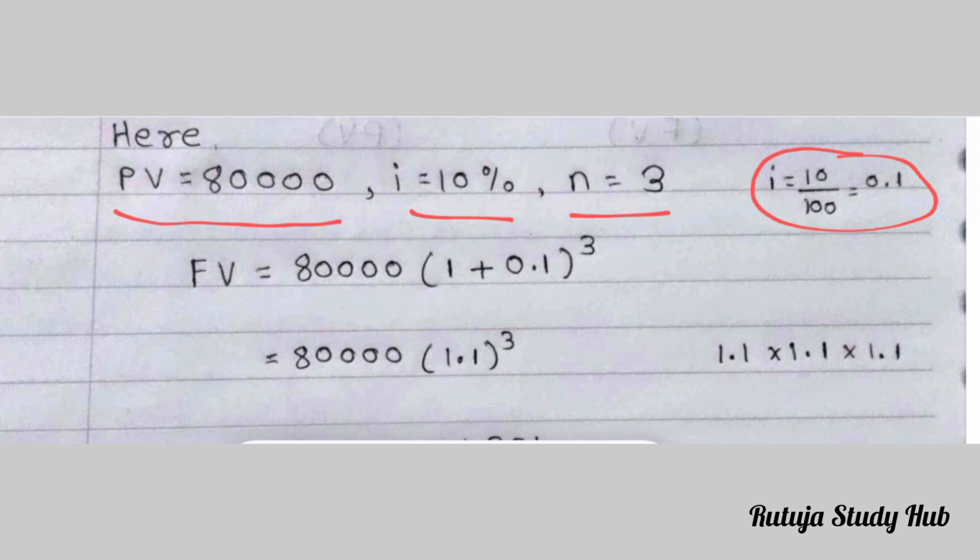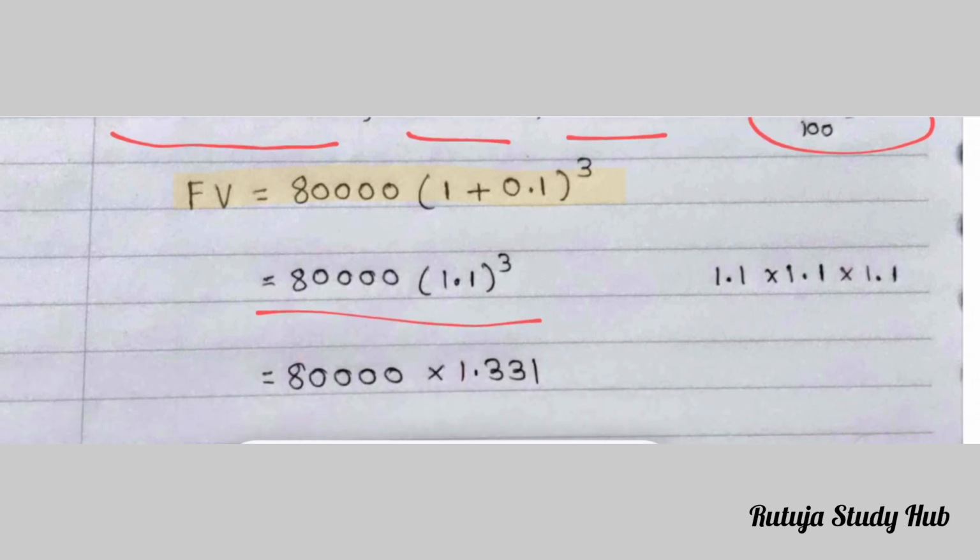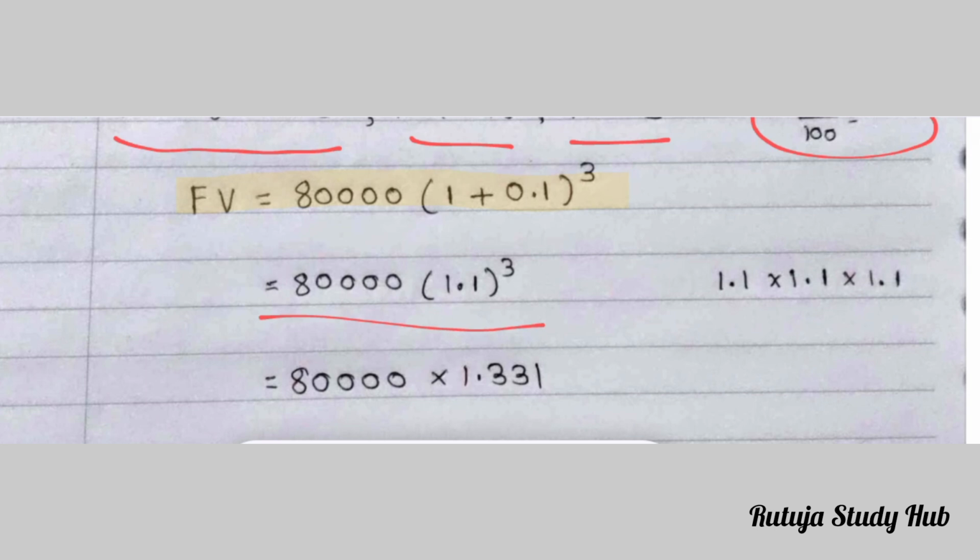Now substitute values in the formula. FV is equal to 80,000 × (1 + 0.1)^3, equals 80,000 × 1.1^3. Now students often panic here, but this is simple multiplication. 1.1^3 means 1.1 × 1.1 × 1.1, which equals 1.331.